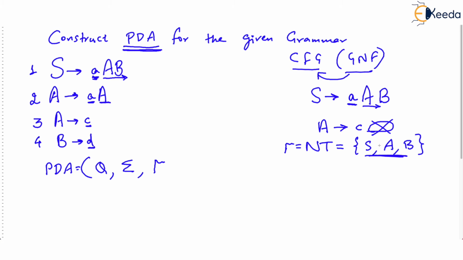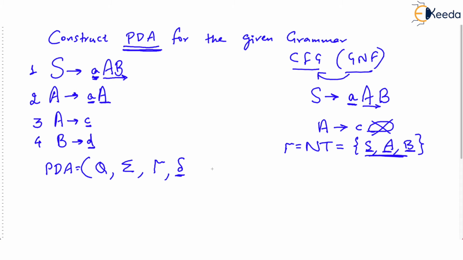That means we are going to push or pop these stack symbols S, A, B. What else do you have? Very importantly, the transition function delta. That is, given a state, given an input symbol and given the top of the stack, what should be the action taken? Nice part about this delta is that this delta will be automatically created using these above productions.